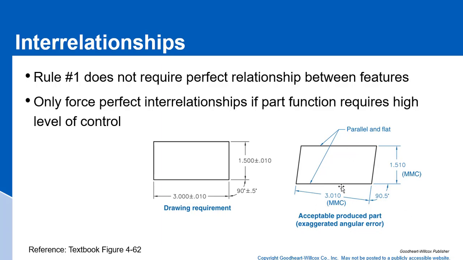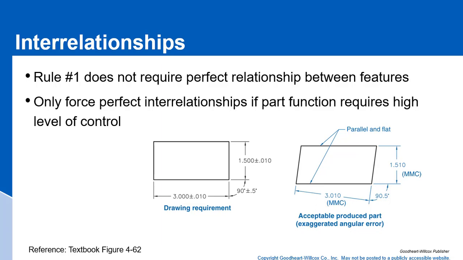In which case it forces us to assure that if the part's acceptable, these two sides here are parallel, because they are at the MMC limits. So perfect form is required at MMC. Therefore, these two sides must be perfectly parallel to meet rule 1. Okay, and likewise, these two sides have to be parallel to each other to meet rule 1 as well.